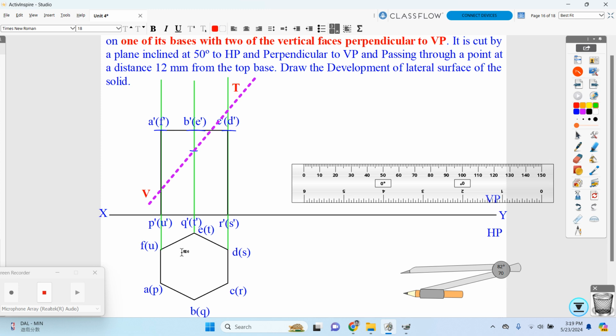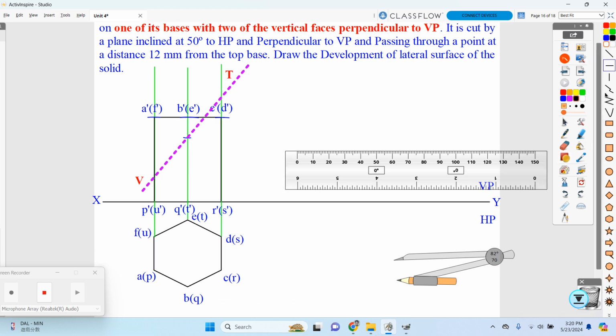Okay, so in this you can find the top face 12 mm from your top base where it cuts a horizontal line on the surface. So we want to consider this section also. That means from this point we have the cutting condition.